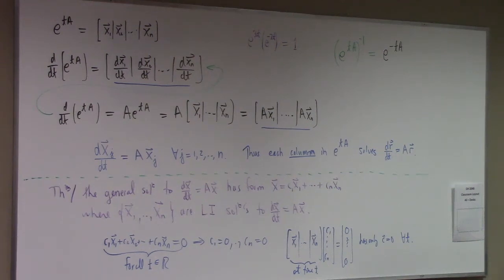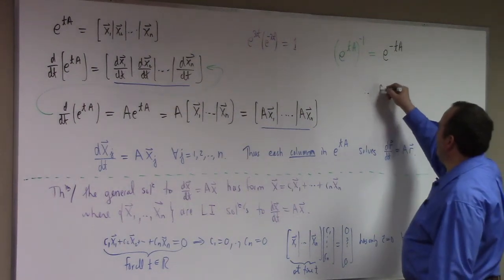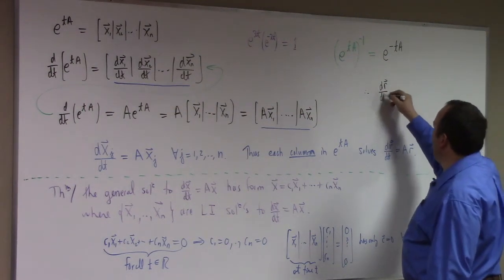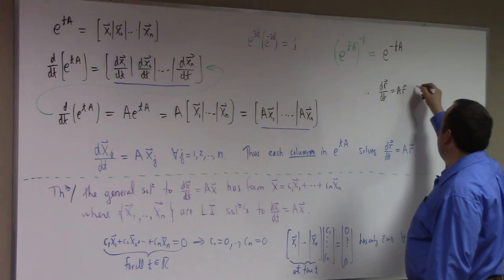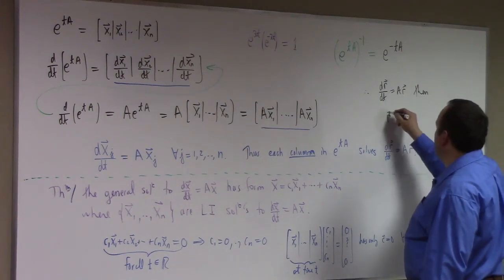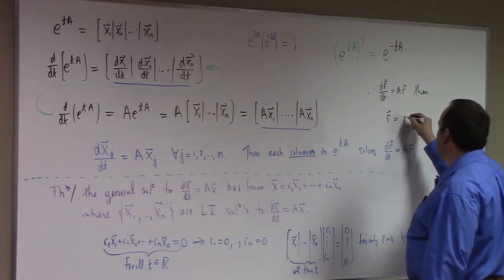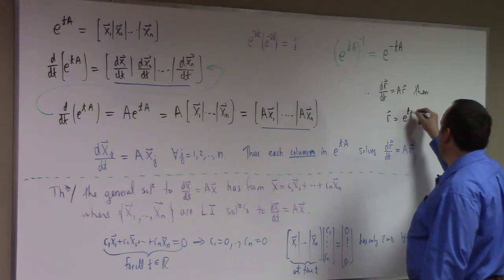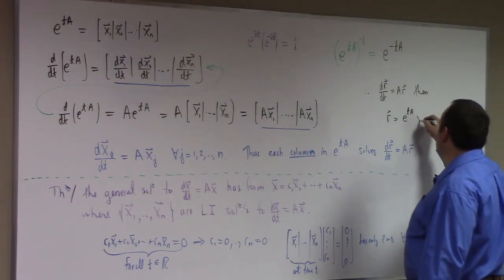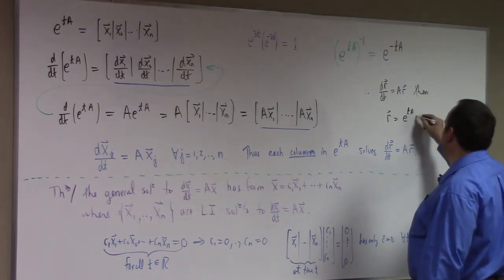That proves that the columns are linearly independent and hence form the general solution set. Long story short, if we want to solve dr/dt equals Ar, then r equals e^(tA) times r naught.